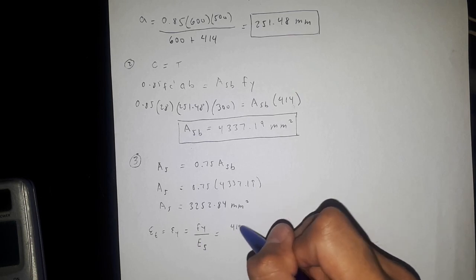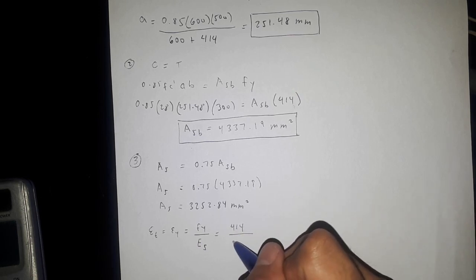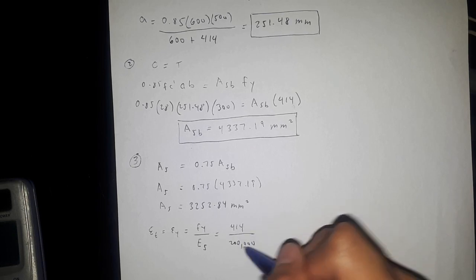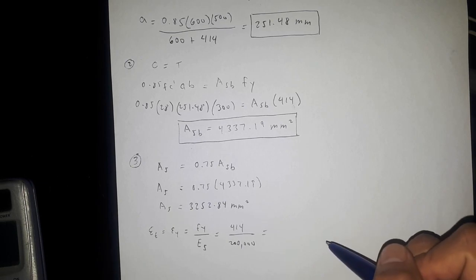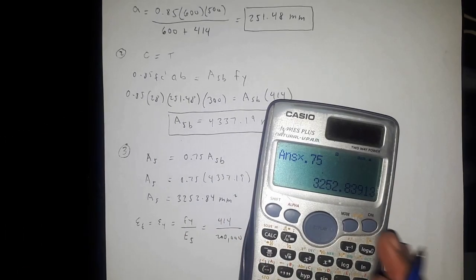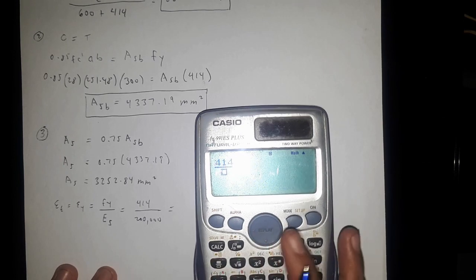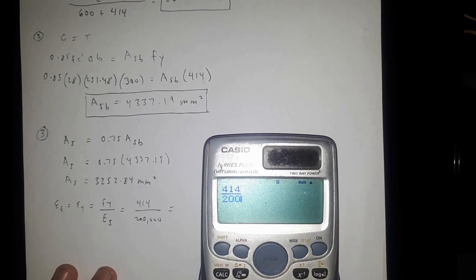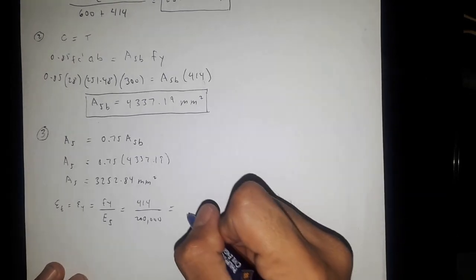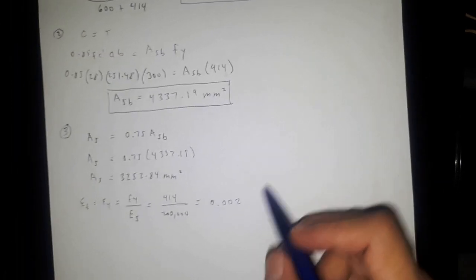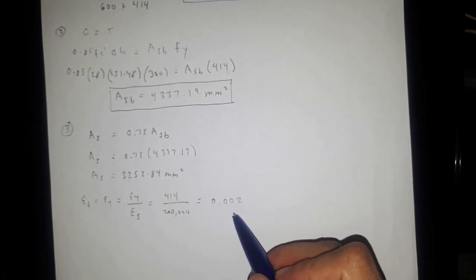So that is 414 divided by 200,000 megapascals, and that is 0.002. So our strain is 0.002.